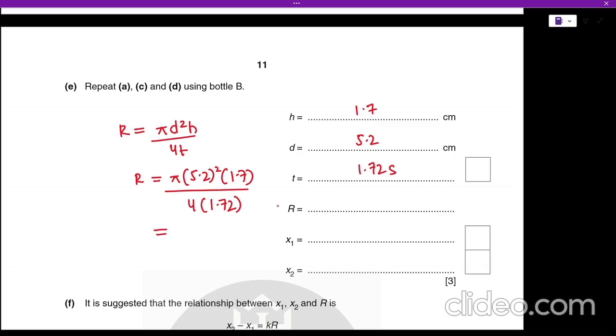This comes out to be about 20.98. So I would just take it as 21 cm cube over s.